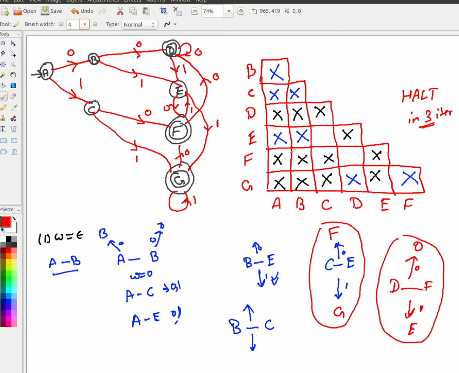So in the first iteration you try marking everything. In the second iteration you again check for the single symbol. What you are checking is exactly the same: that for 0, if the resulting states are distinguishable, this is also distinguishable. And because of epsilon, then we added 0, 1, we were able to distinguish most of them.